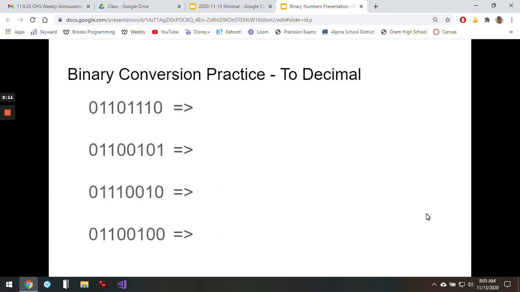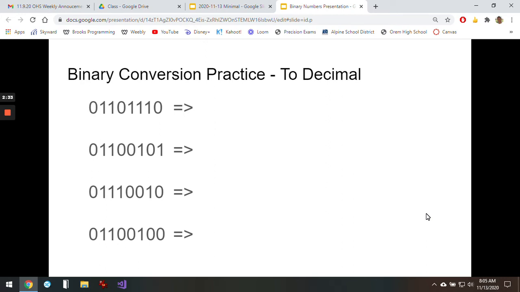Whenever converting binary numbers, unless you have a fantastic mathematical brain and don't need to write anything down, you're going to write down, usually on your paper, powers of 2 from right to left. This is not intuitive. Right to left.